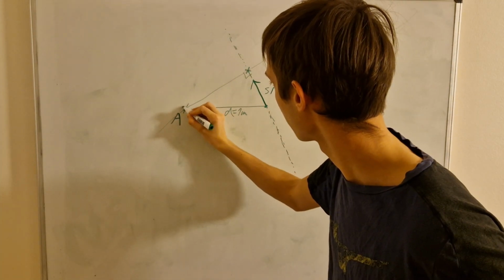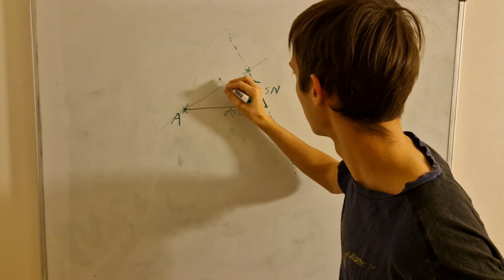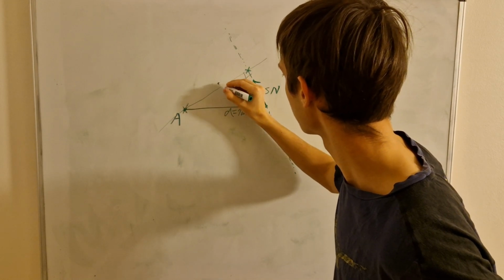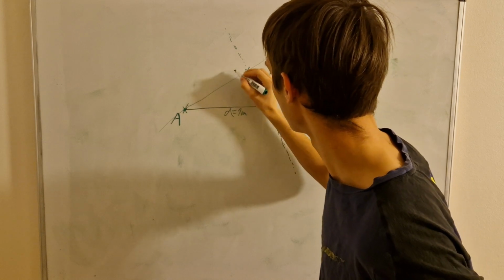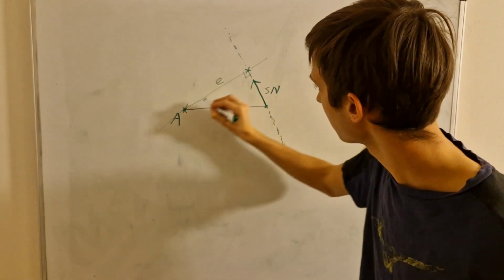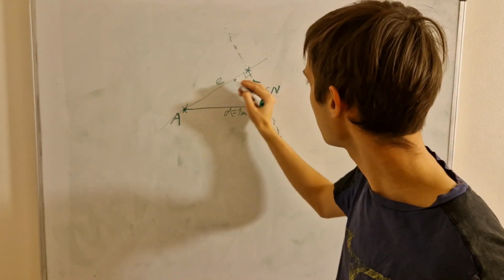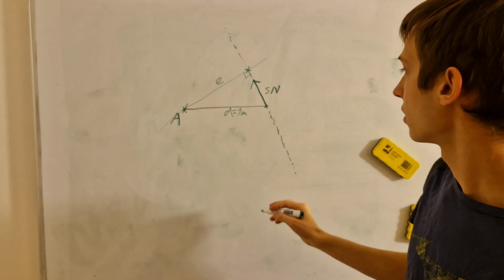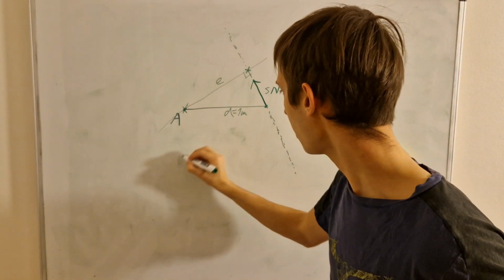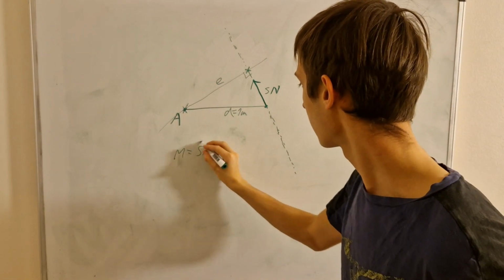So we're just taking care of this segment, and let's call it, for example, E. So this length would actually be what we would now use for the moment. So if this was 5 newtons, now the moment for point A caused by this force will be 5 newtons times E.